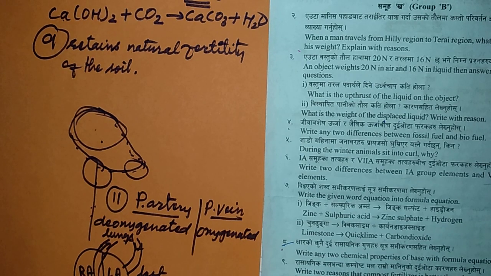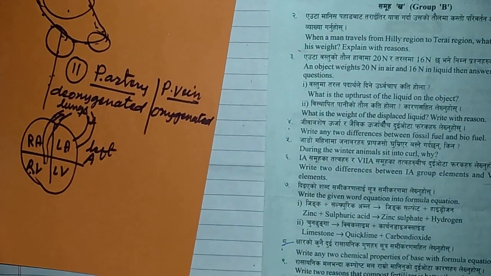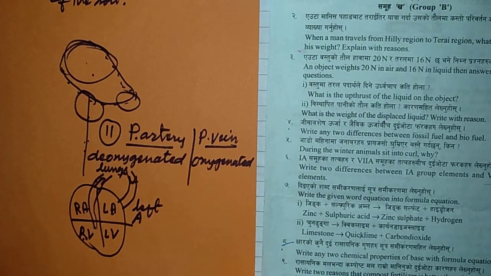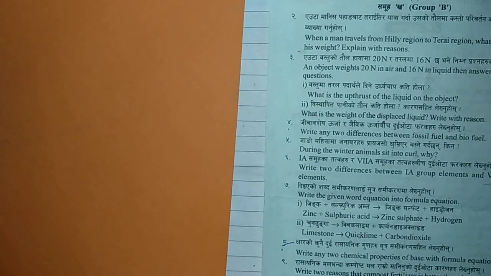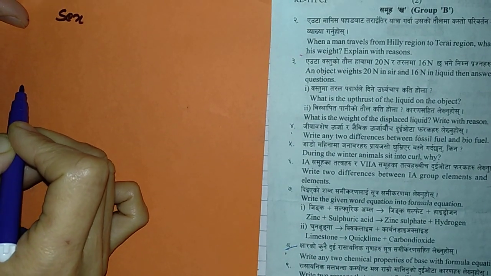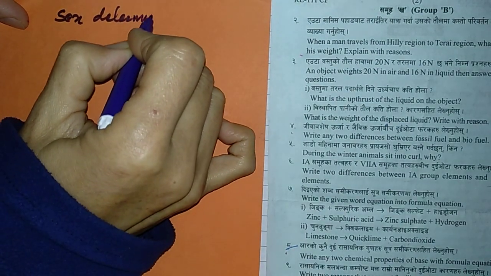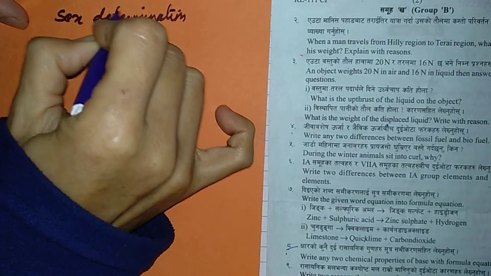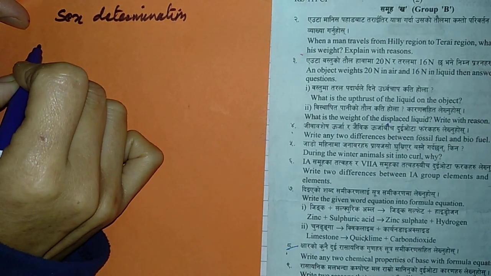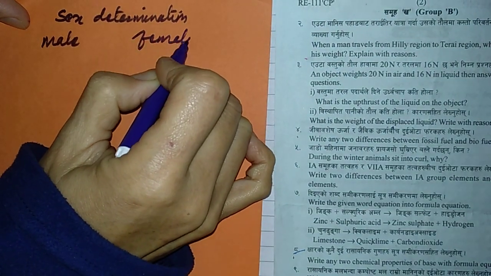Now describe the process of sex determination. We'll do it on the next page. For sex determination, male and female, you have to give a small explanation.